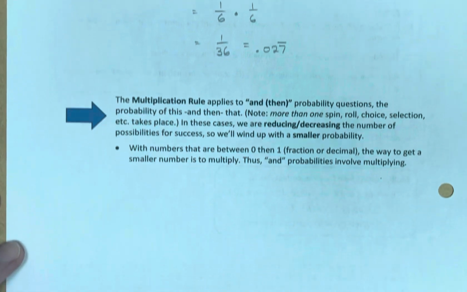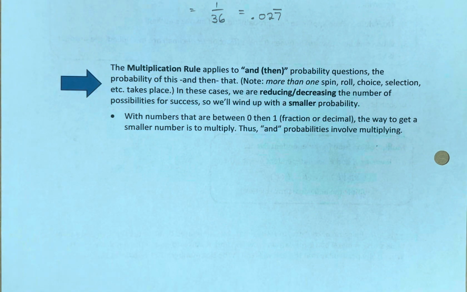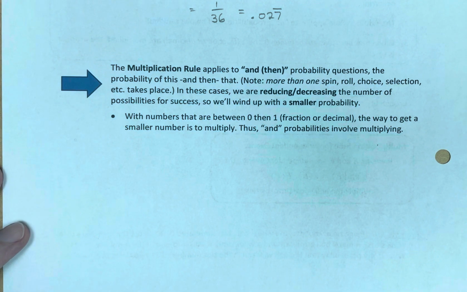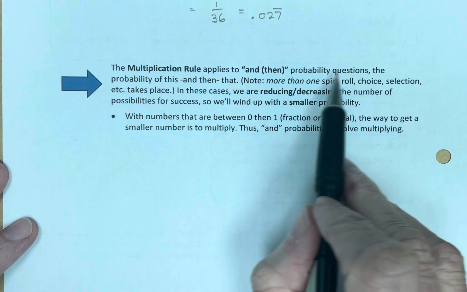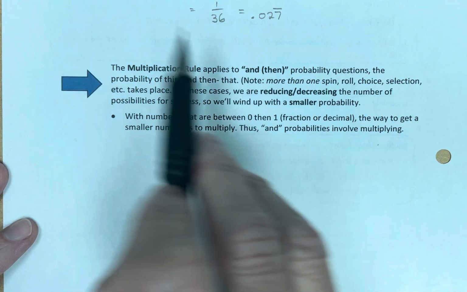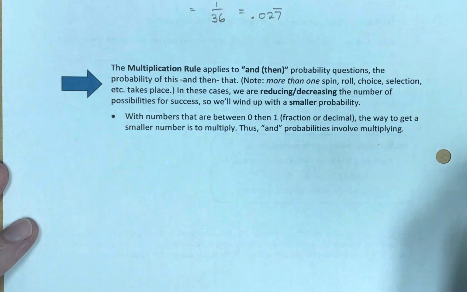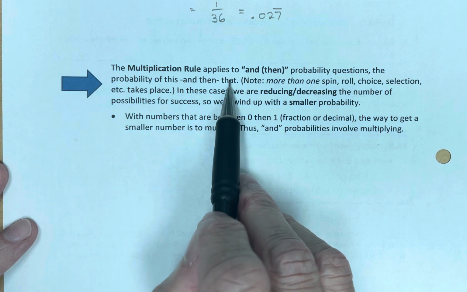Okay, so let's summarize what we've got with the multiplication rule for independent events. It applies to the and probability questions. And again, I like to use the word then to keep me straight that I'm doing more than one thing: the probability of this and then that.